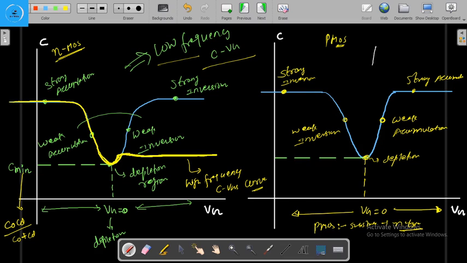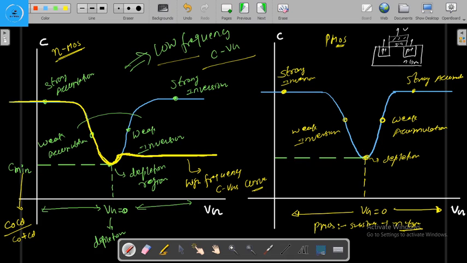This is the P plus, with the P plus, this is the SiO2 silicon dioxide, this is the polysilicon gate, and here we are applying the gate terminal, here the source, and here the drain, and this is the substrate, right.